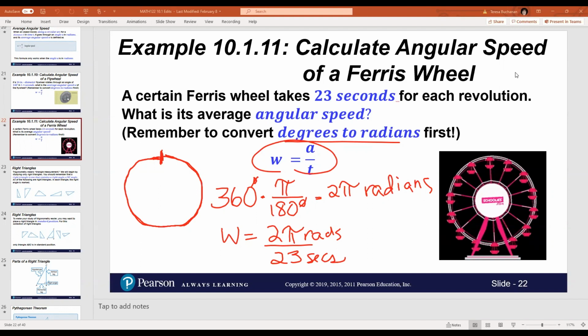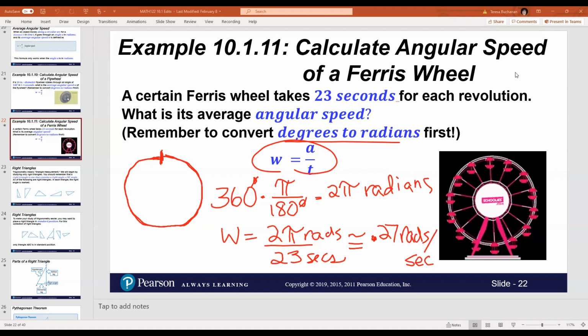2 pi divided by the 23. So that says my angular speed is about, depending on how you're asked to round something, about 0.27 radians per second.